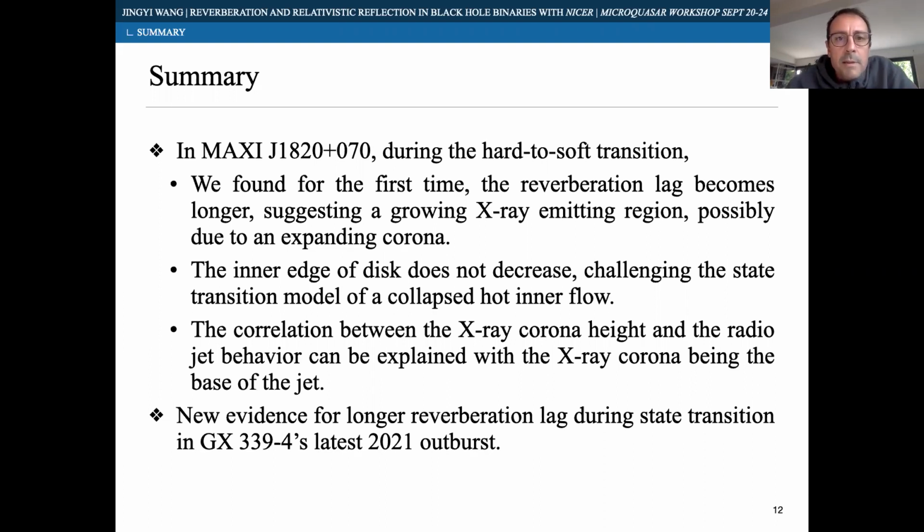I was wondering if you looked at the spectral parameters of the corona during this phase that you showed, and whether you see some changes or typical changes that would go along with your conclusions. You mean except for the corona height we just showed? Yeah, I mean the spectral parameters of the corona. Have you tried to fit with Comptonization models or something like that and see?